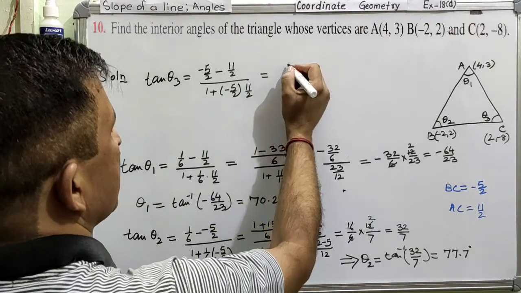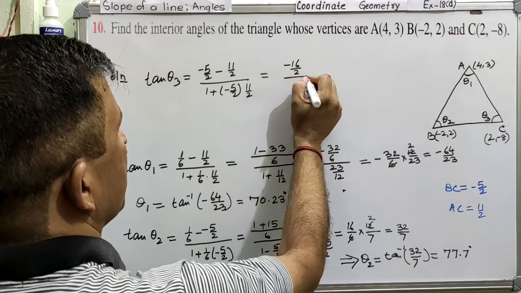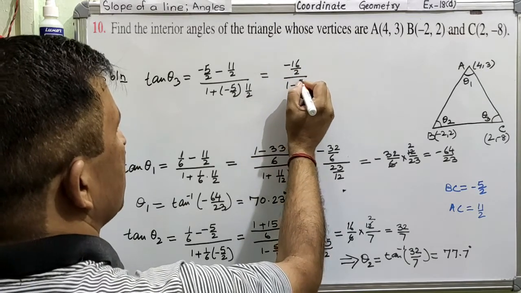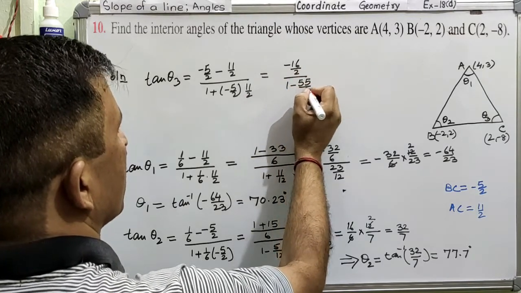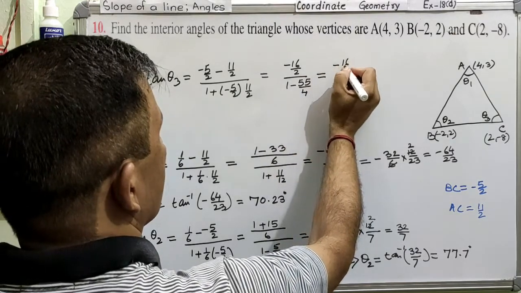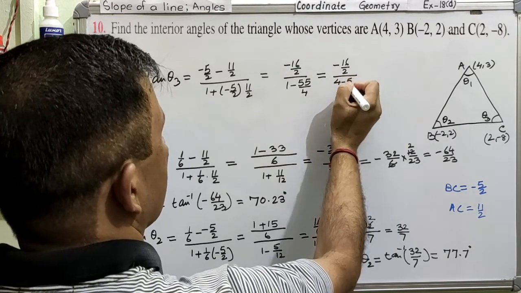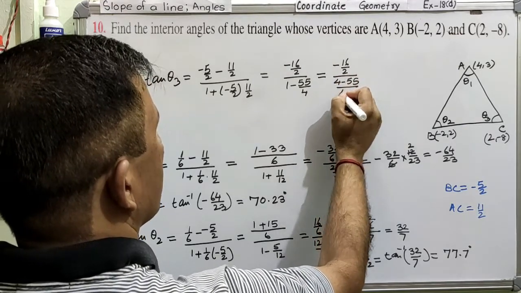Now when you simplify, this comes as minus 16 over 2, and then this will come as 1 minus 55 over 4. Simplify one more step: minus 16 over 2, and then this is 4 minus 55 over 4.